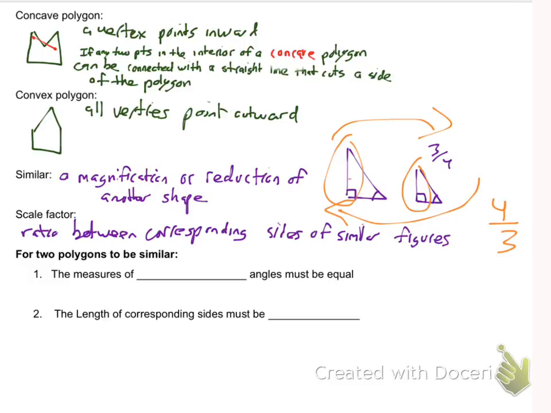So, for two polygons to be similar, the measures of blank angles must be equal. Well, this one's kind of big. Just like above where it says the ratio between corresponding sides of similar figures would have that scale factor, the measures of corresponding angles must be equal.